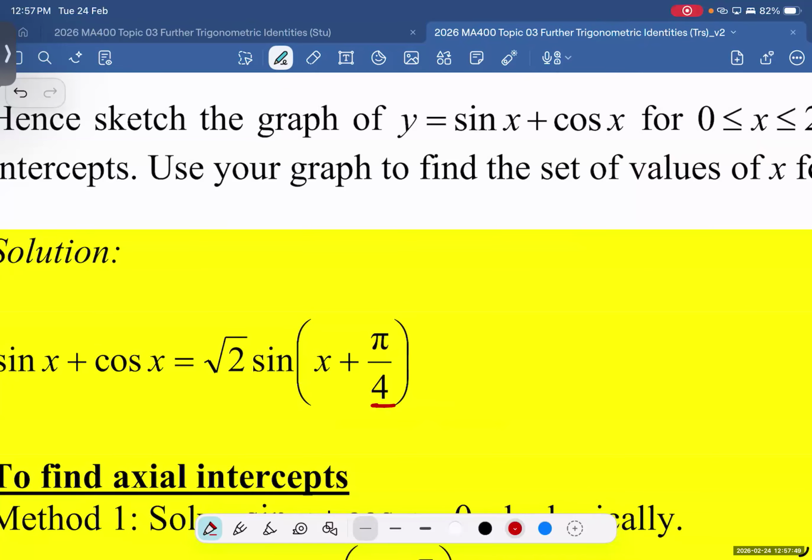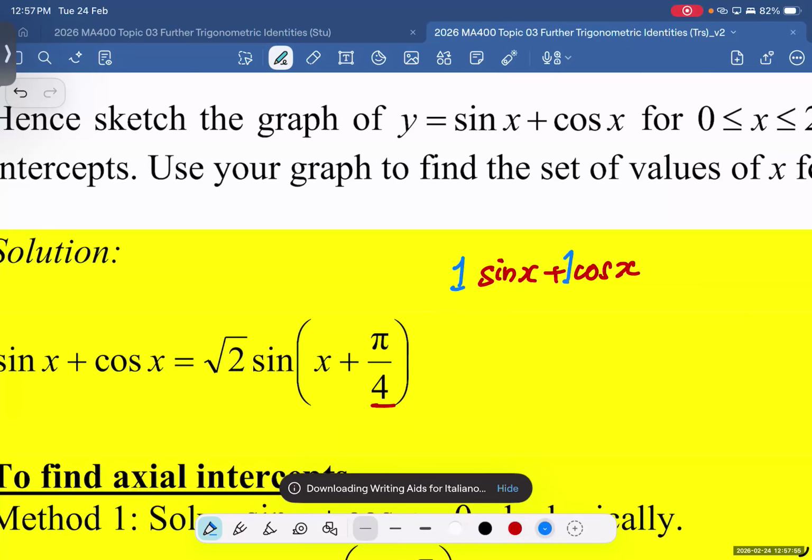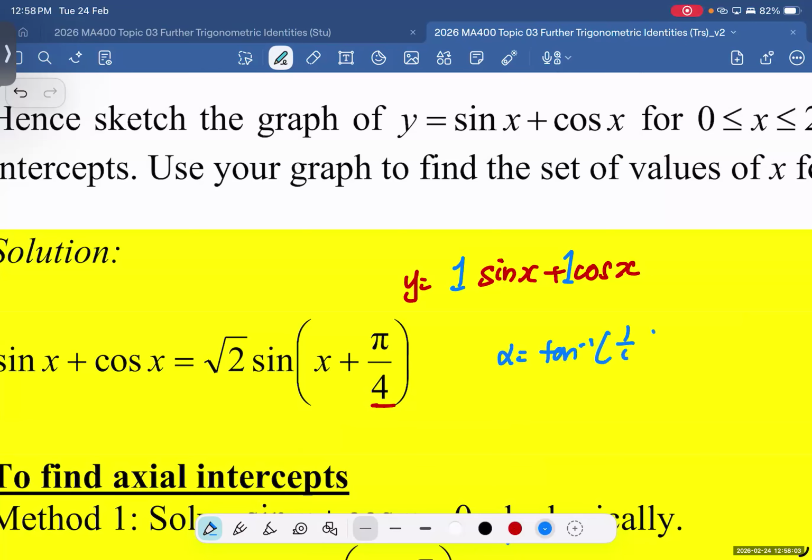When you have sine x plus cosine x, can I say that A is 1, B is 1? Can I say that alpha is tangent inverse of 1 over 1? Can I say that R is square root of 1 squared plus 1 squared, which is square root 2? Tangent inverse 1 is pi over 4. That's where I got the pi over 4 from.